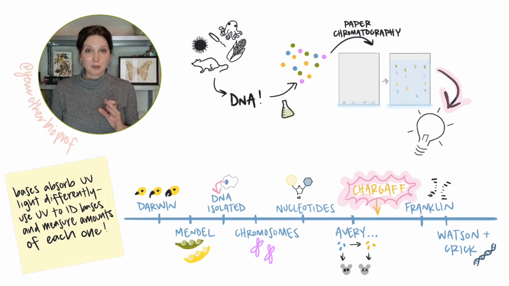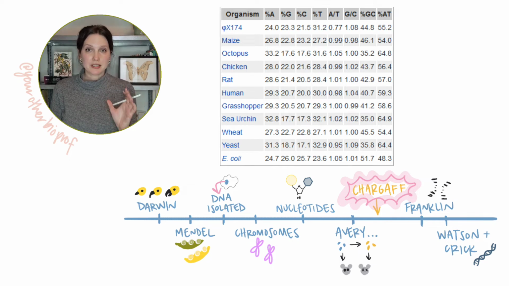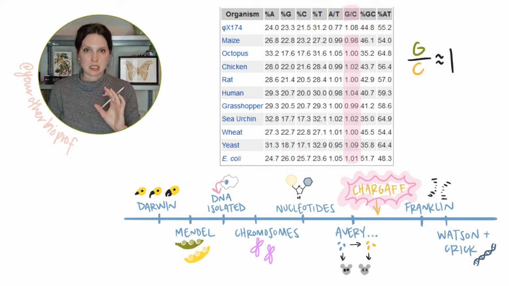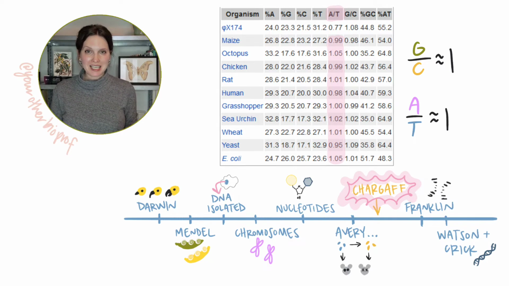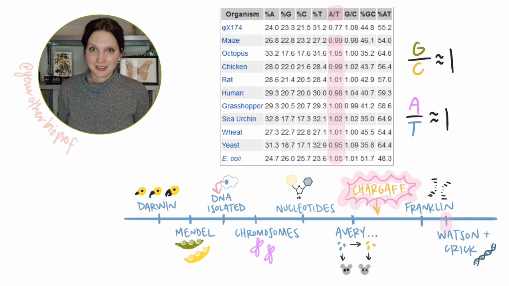He found that for a particular sample, the amount of G was roughly equal to the amount of C. The ratio of G to C was pretty close to 1. And similarly, the amount of A was equal to the amount of T. Now, the reason for this, complementary base pairing, would be solved later and would be super helpful for Watson and Crick and their double helix model of DNA.